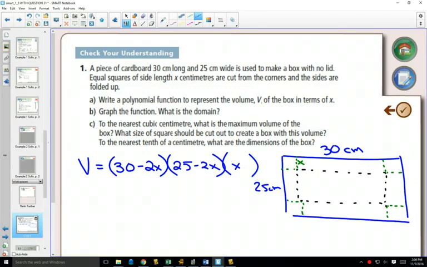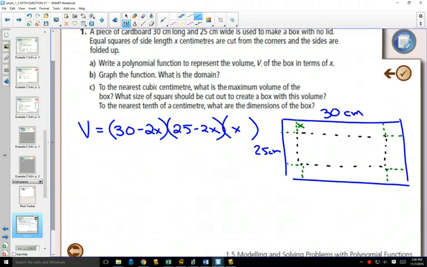When we graph this function, first of all, we want to be able to graph this by hand. And the way that we've written it, we have all of our x-intercepts. So we know that there is an x-intercept at 0, there's going to be one at 12.5, and one at 15.